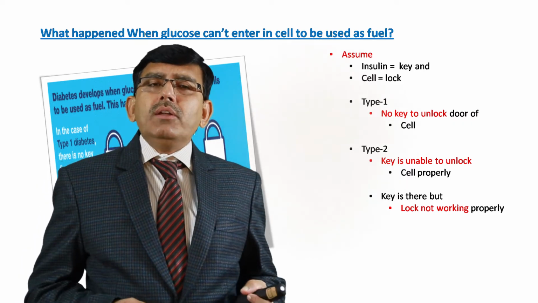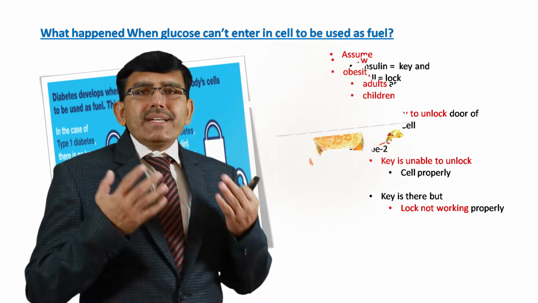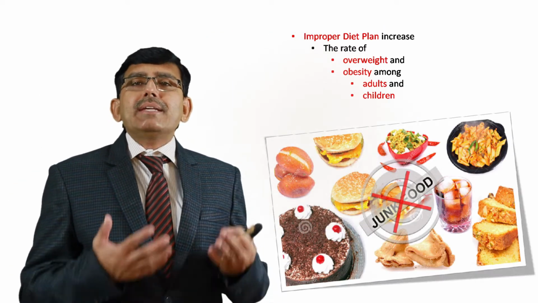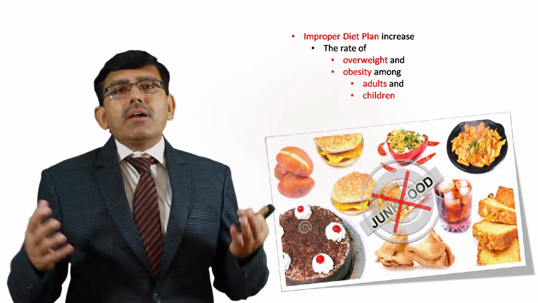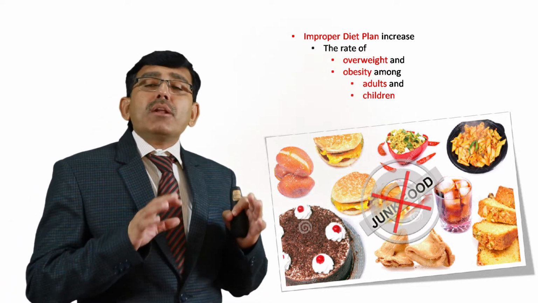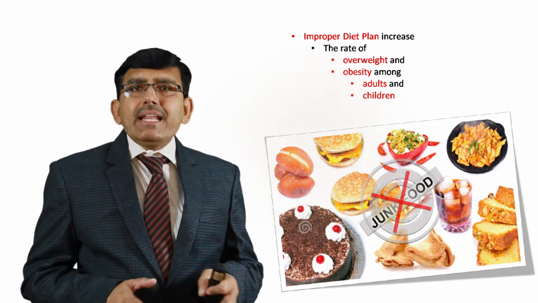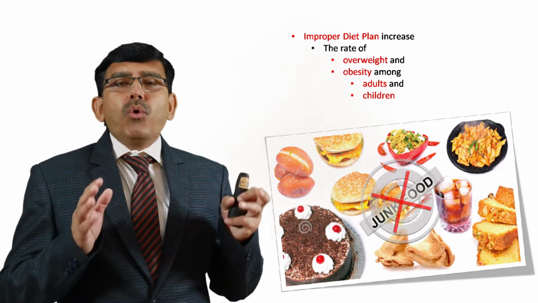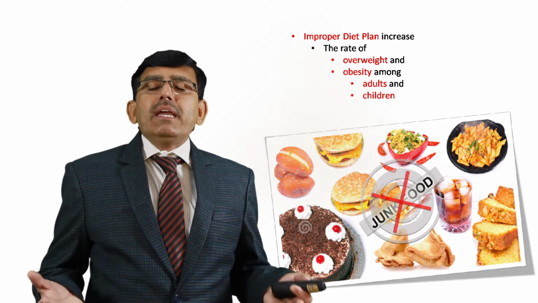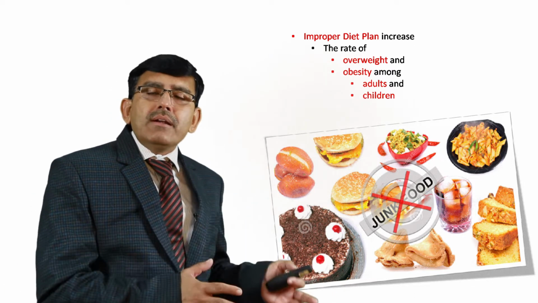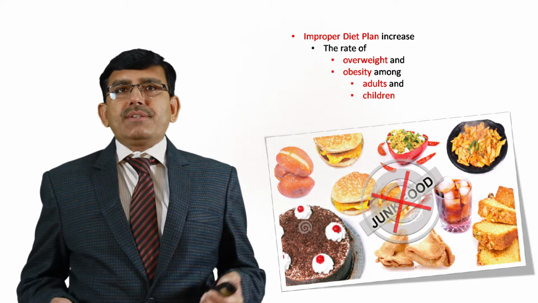Now let us focus on the food diet which we take as intake. It has the proper way or a balance. But if it is not a balanced diet, then it leads to overweight and obesity. These both causes happen with adults as well as children.